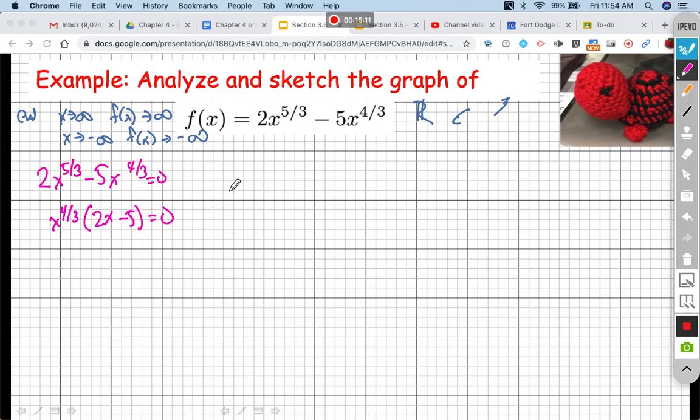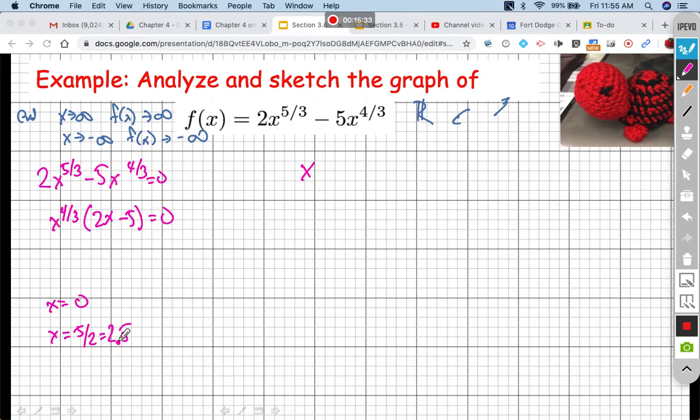So x equals 0 and x equals 5 halves, or 2.5, are going to be my two zeros on here.